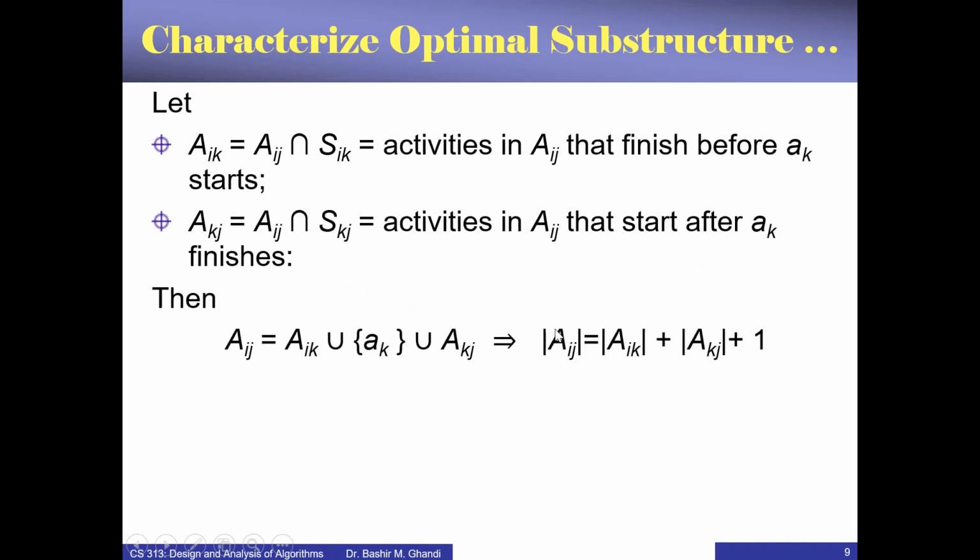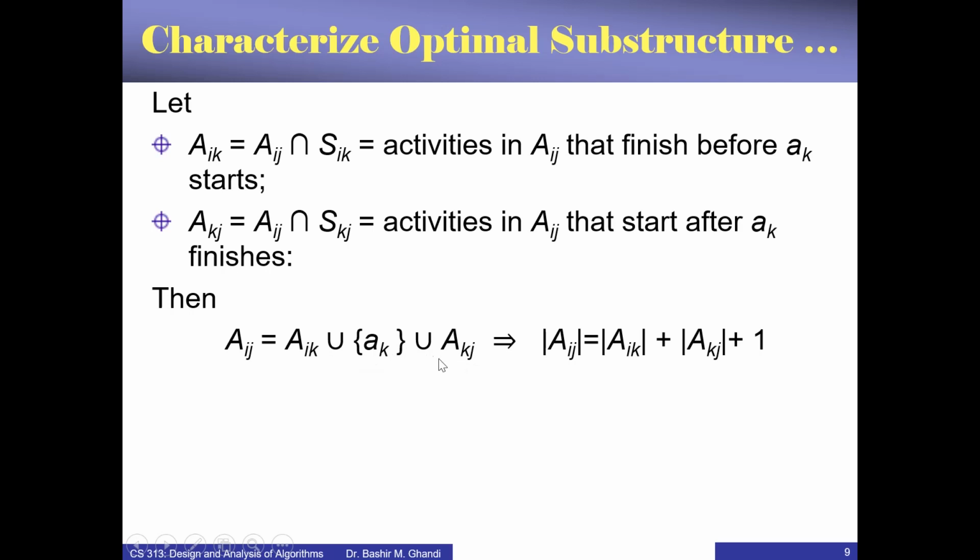If you do that, then you can say your optimal subset Aij is actually a union of Aik and the Ak, and the union again with Akj.